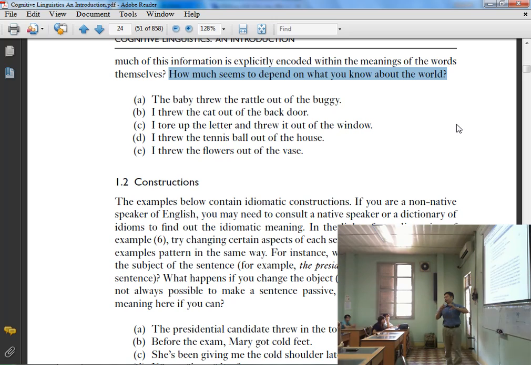I have the encyclopedic repertoires of the things that are associated with the rattle, the buggy, the back door, the cat, the letter, the tennis ball, the flowers. Okay? So what we understand about the world around us really decides the way that we interpret the meanings of all these things.